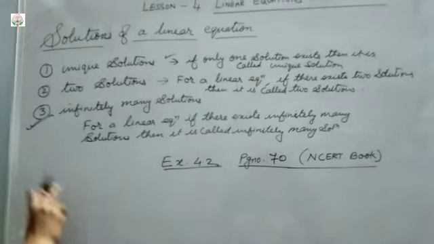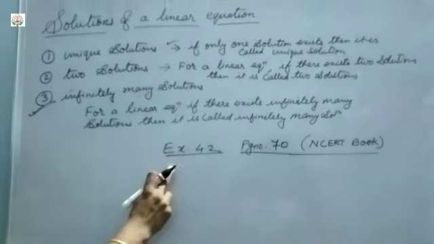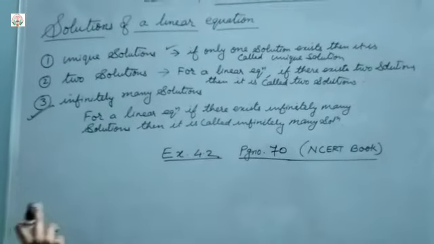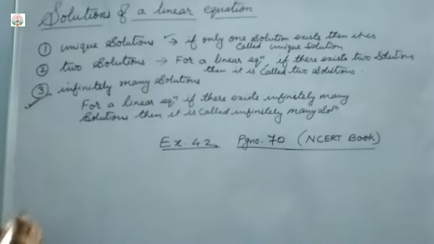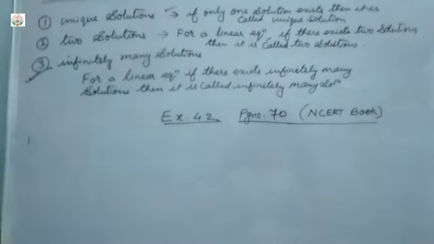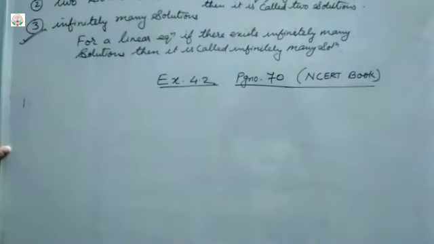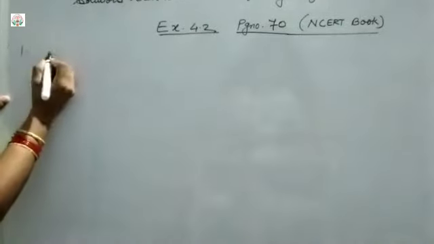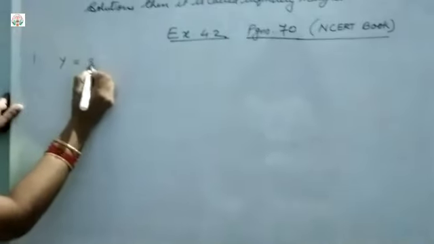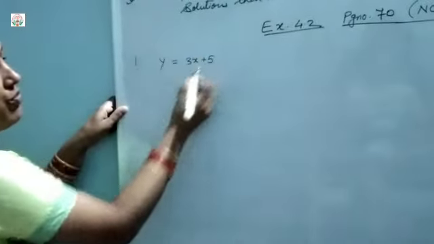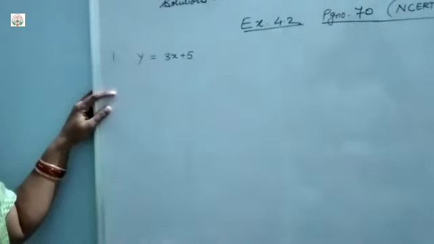So, based on these topics only, we have exercise 4.2, page number 70 of NCERT book. Question number 1 goes like this. Now, which of the following option is true and why? What is the equation given? y equals to 3x plus 5. Okay, what is it?